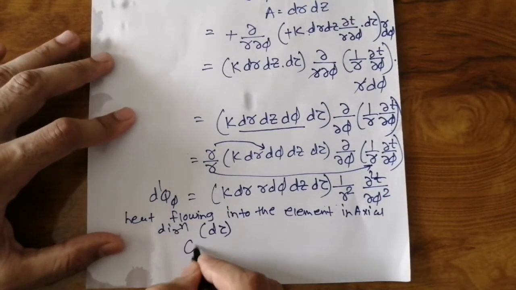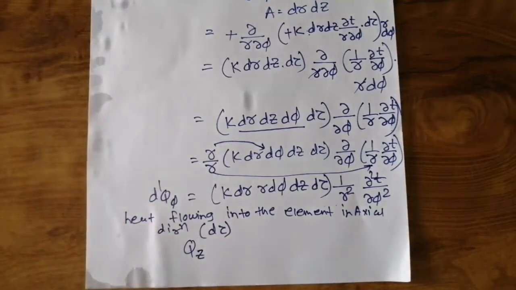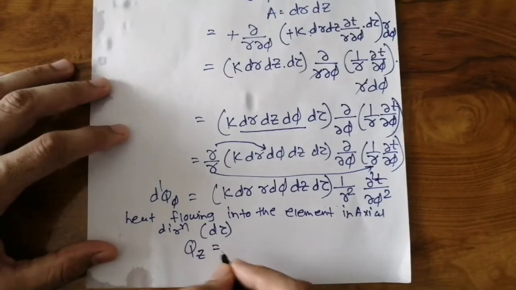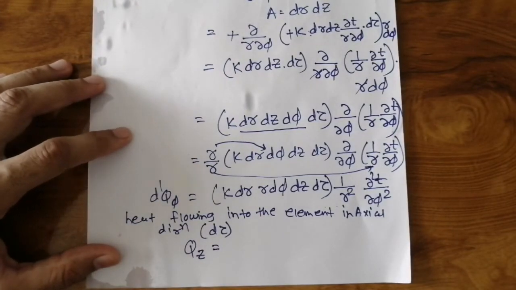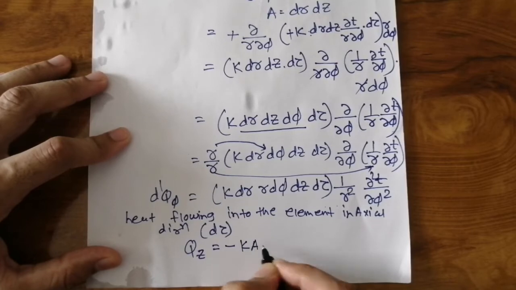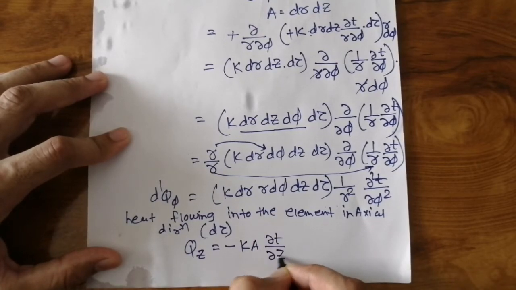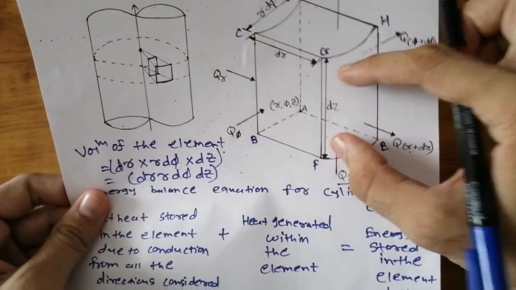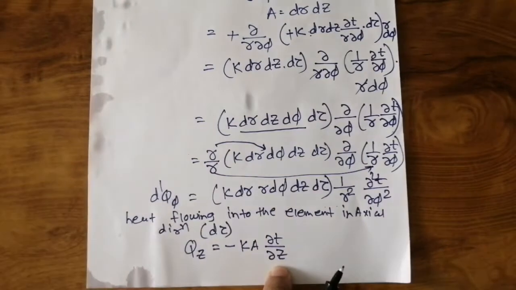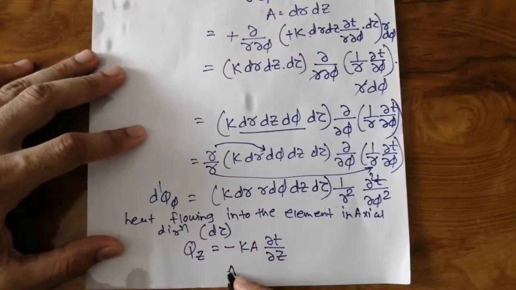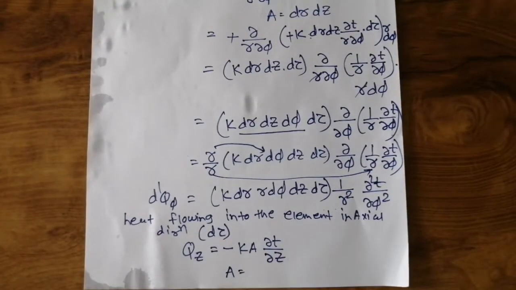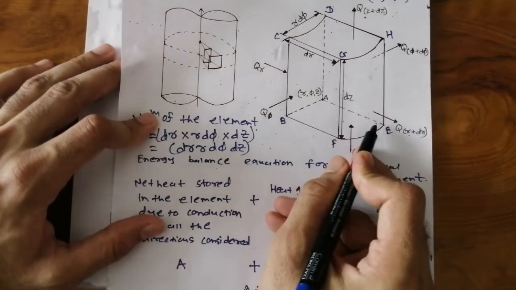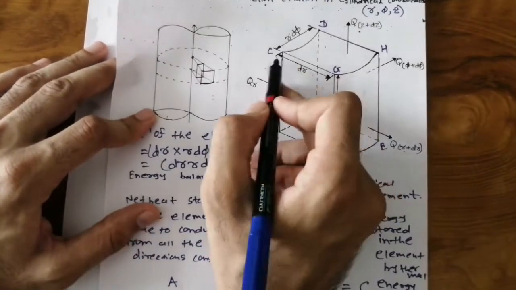According to Fourier law of conduction, energy in qz is equal to minus kA del T by del z. In the radial and axial direction, the height is dz, so we should consider this del z. Now what will be the area in the axial direction? Heat flows from the bottom of the element to the top of the element.